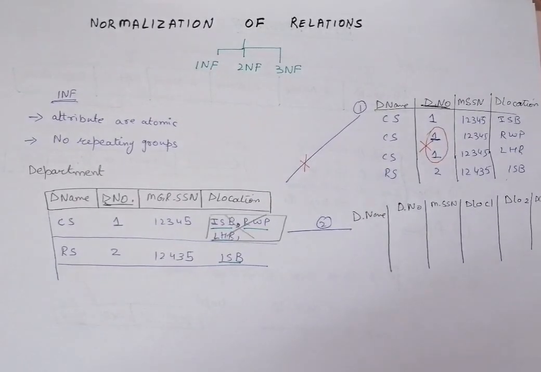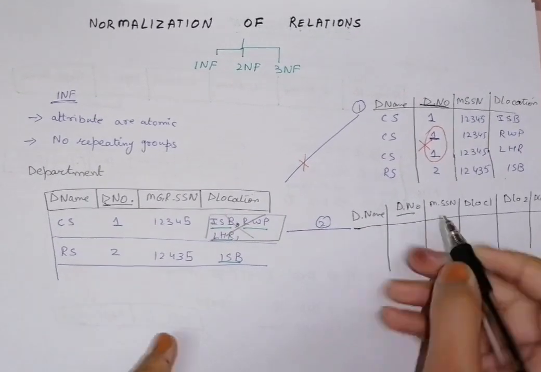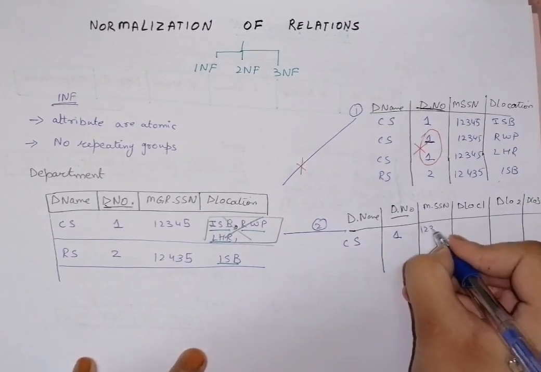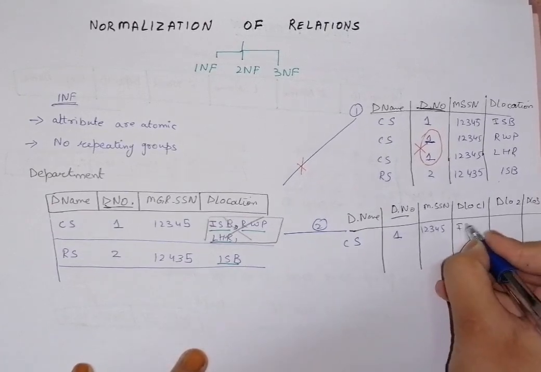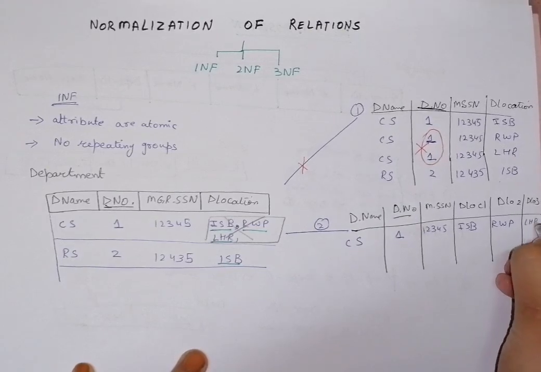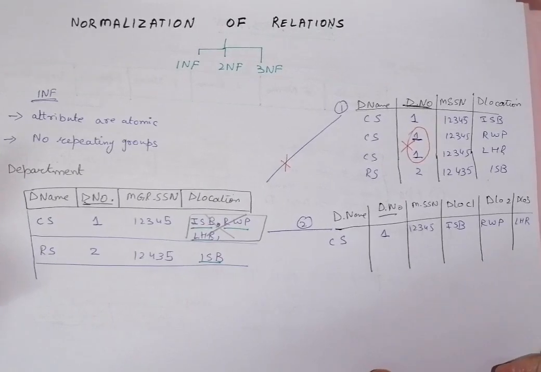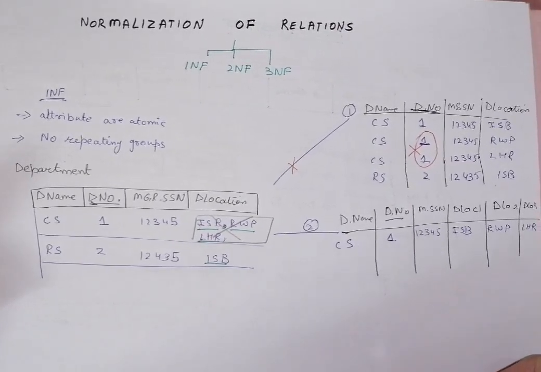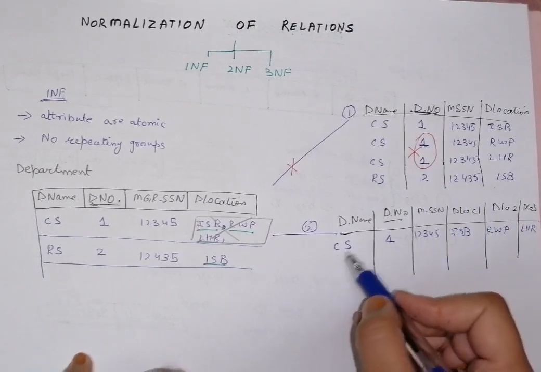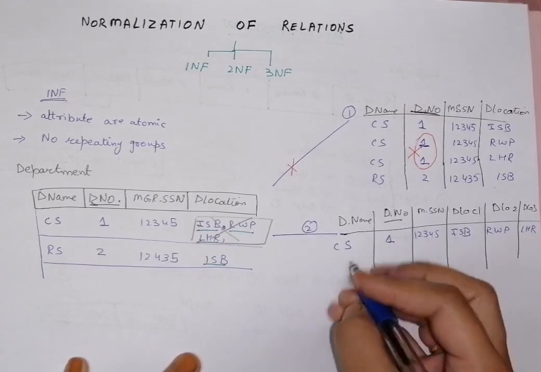Say department CS, department number 1, manager SSN 1 2 3 4 5, first location ISB, second location RWP, and third location LHR. So I have expanded the location horizontally, correcting the multi-valued problem by creating three different columns.